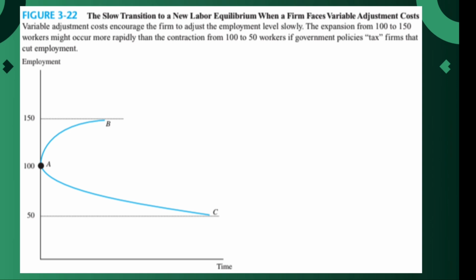It can either choose to remain at its current employment level of 100 workers or adjust its employment to 200 workers. It does not pay for the firm to adjust its employment slowly, because the fixed adjustment cost will be incurred regardless of how many additional workers the firm actually hires. If the firm is going to adjust its employment, it might as well adjust to the optimal level immediately.